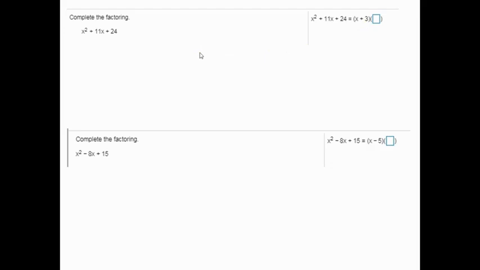All right. So first off, we notice we have a positive in front of the B and a positive in front of the C. So that implies that both of the signs in our factored form are going to be positive. So first off, let's look at the factors of the last term, which is 24.